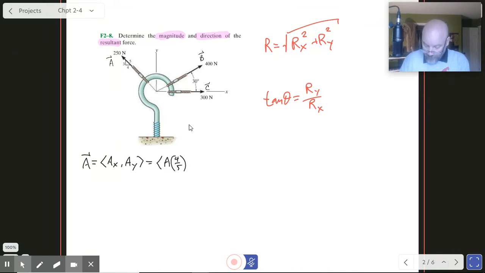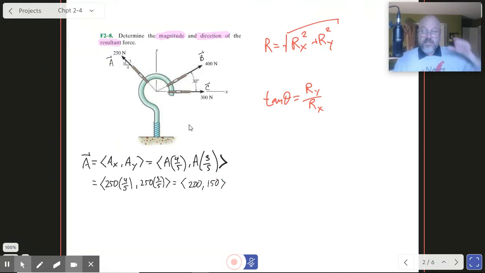So I'm going to have A times 4/5, comma, A times 3/5. Now A is the magnitude, so A is 250. So if we put our numbers in, we're going to have 250 times 4/5 and 250 times 3/5. Okay. So that works out to be 200 and 150.